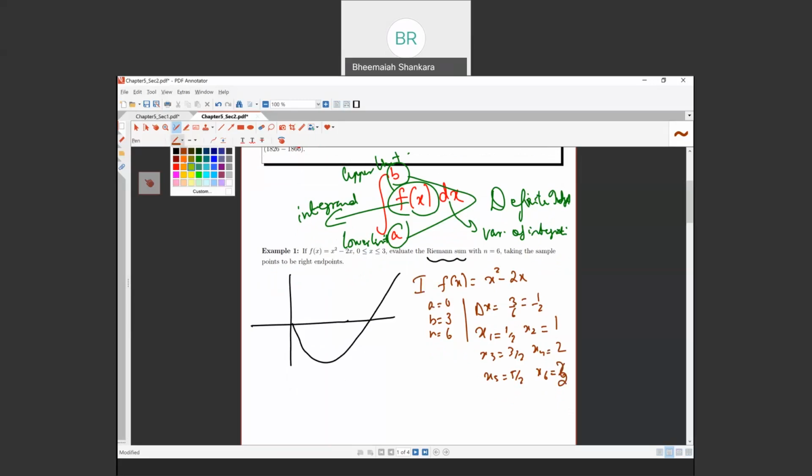So let me name all these points on the graph. This is 0, 1/2, 1, and then you have 3/2, 2, 5/2, 3.